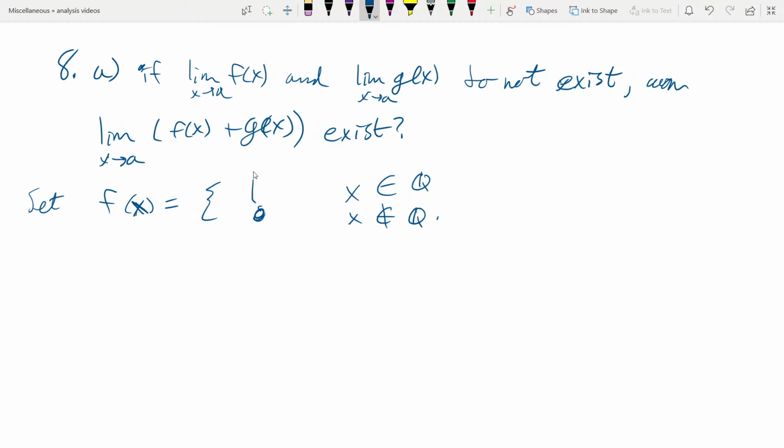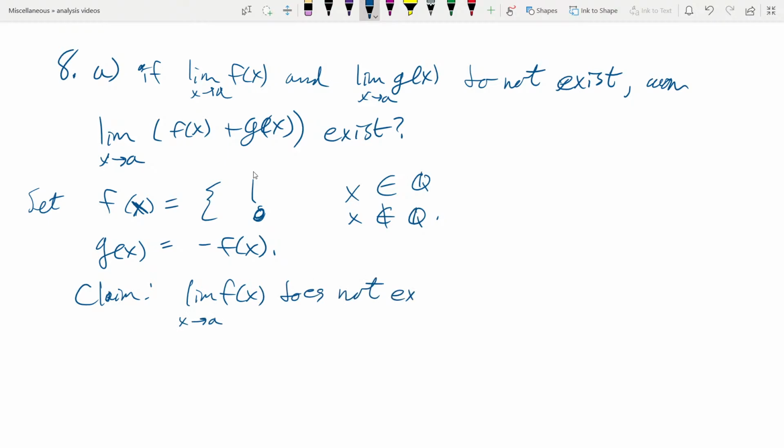Anyway, let g of x equal negative f of x. So the claim is that the limit of f of x as x approaches a does not exist for any a.